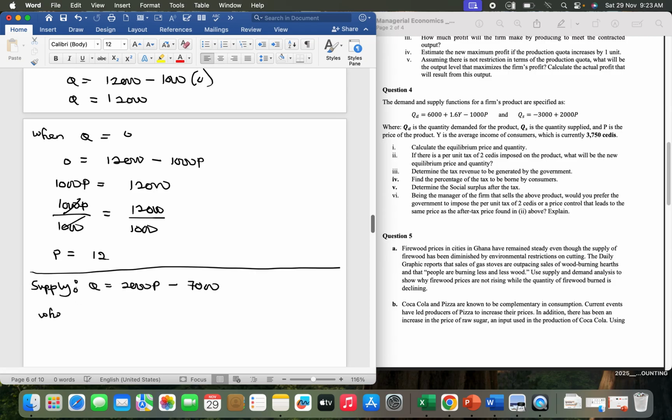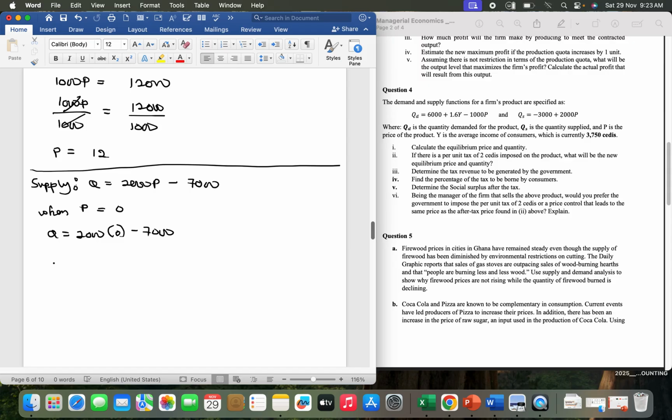So when p is equal to 0, q is equal to 2000 times 0 minus 7000. So q is equal to minus 7000.